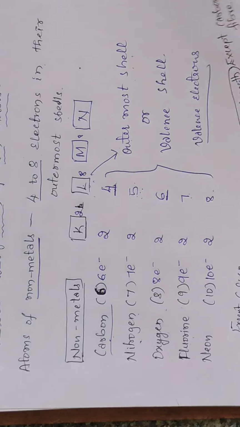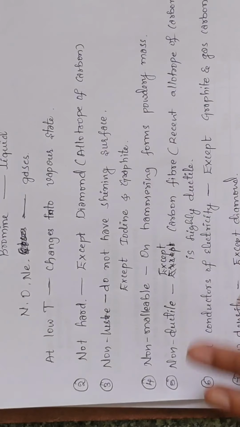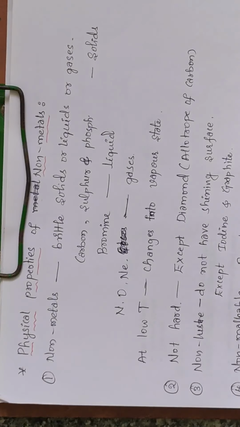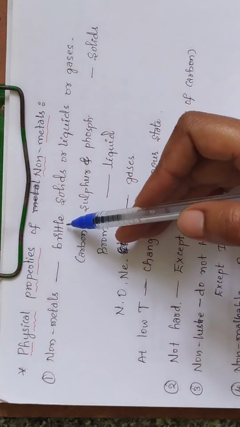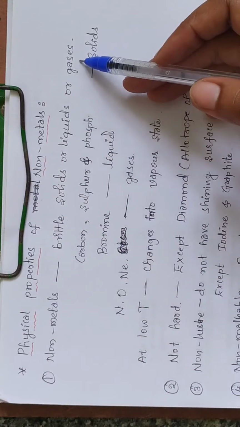Let us see the physical properties of the non-metals. The first physical property is that non-metals are brittle solids, liquids or gases.